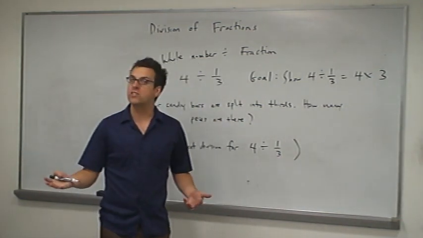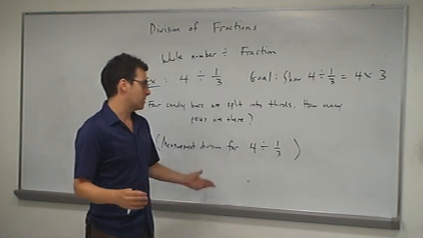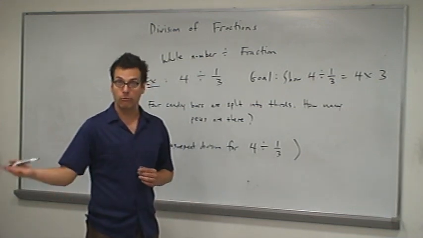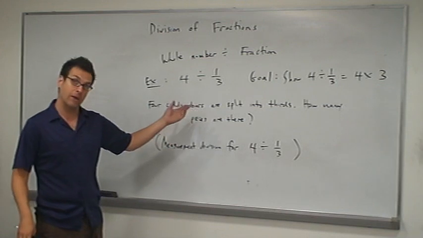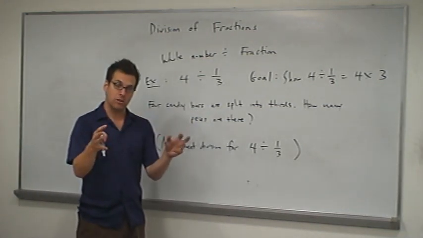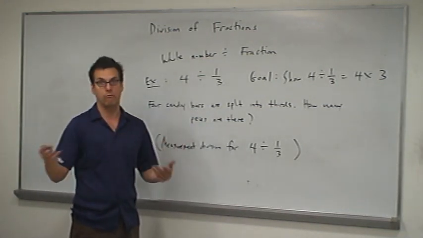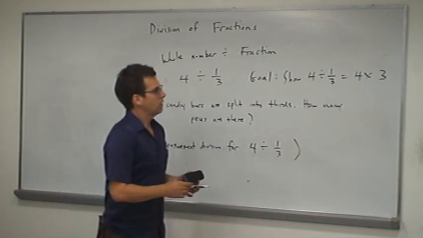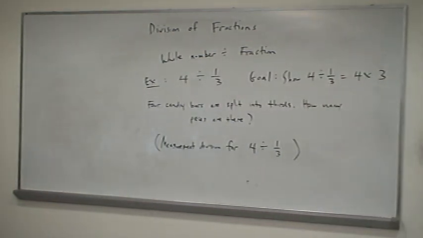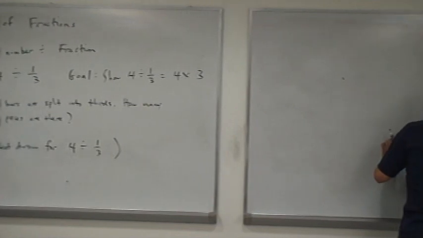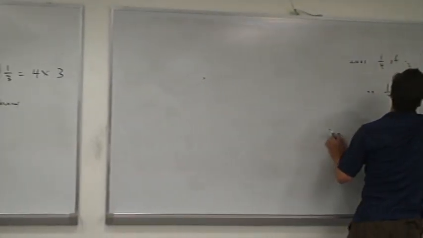An interpretive question that is asked with measurement division in this case would be, how many thirds make 4? And that's exactly what's being asked, right? We have 4 candy bars, we're splitting them each into thirds. We want to know how many thirds make 4. Again, my picture will go on the other board. This is a very easy picture to draw and interpret.